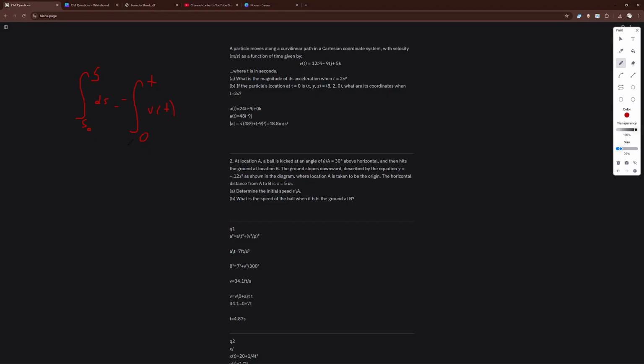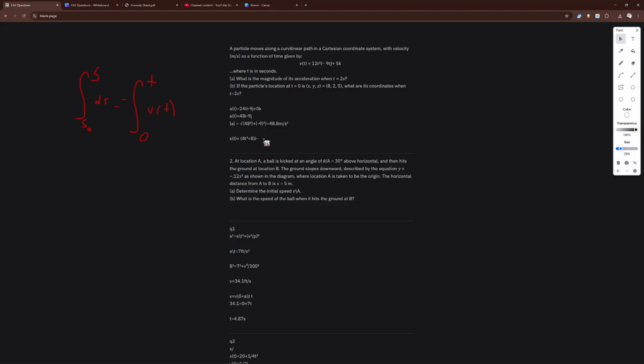V of t. So we're going to be adding these values to each of our integration parts when we're getting s of t. So s of t is equal to 4t cubed plus 8, because when you integrate this right here, it's s minus s naught, so plus s naught for each term, i.